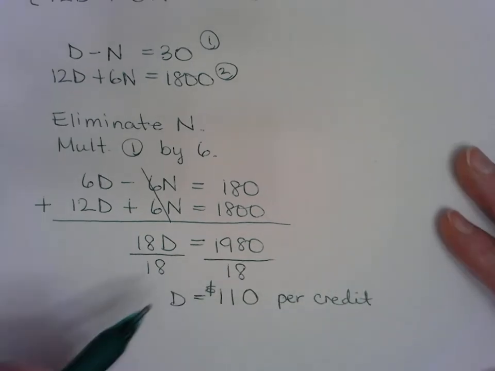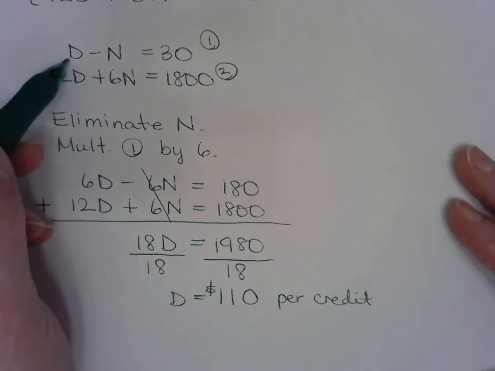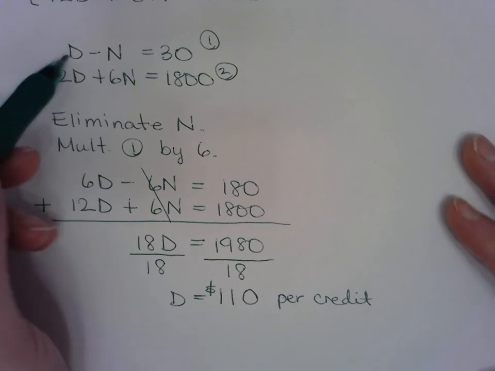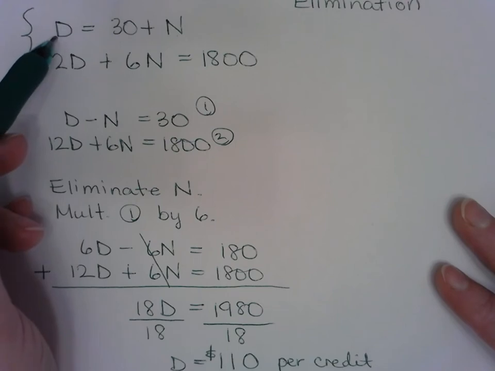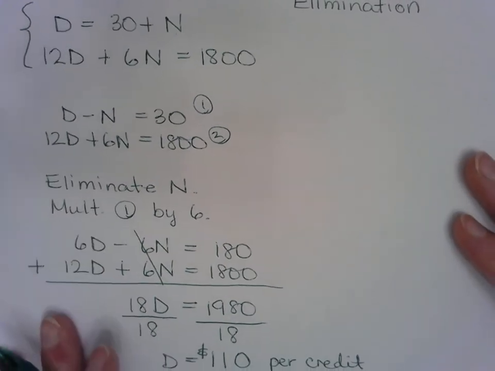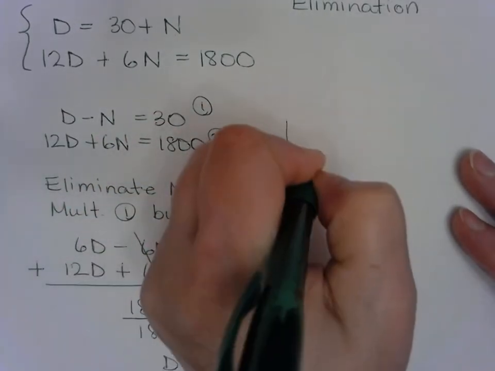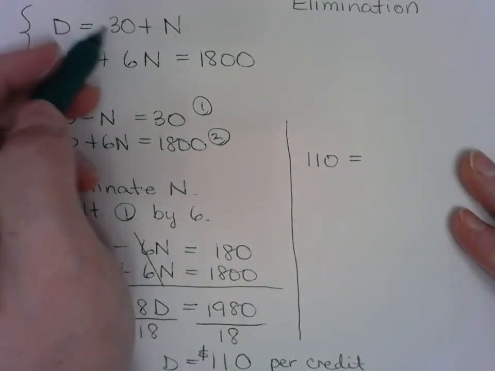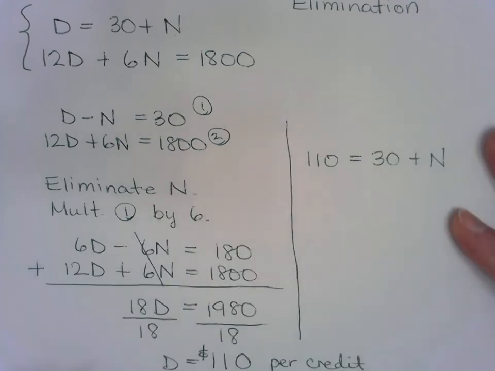And then, let's see, we don't have a nice place to go, so we're going to have to go all the way back to one of these two equations here. Well, actually, we could go back here also, which is pretty much the same. All right, I'll go all the way back here just because that looks like it might be easier. So D is 110, and that's equal to 30 plus the night cost.